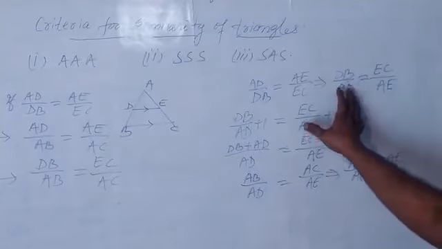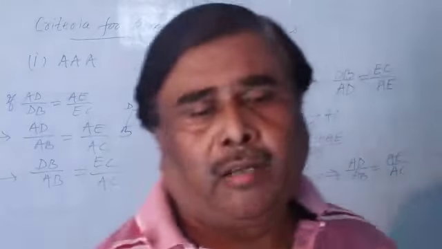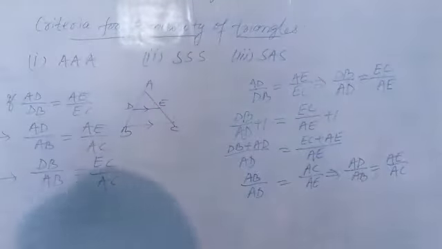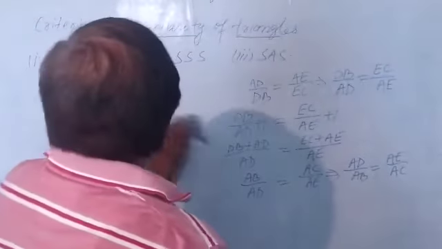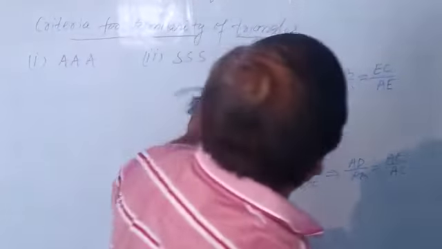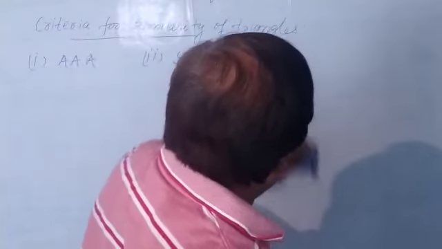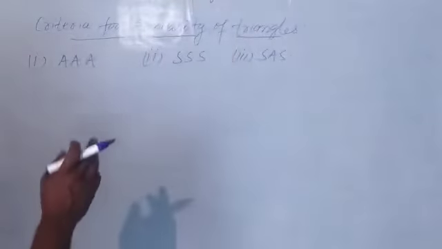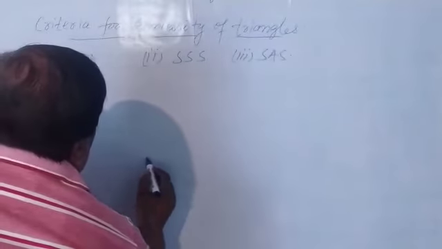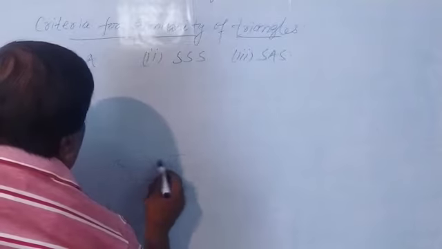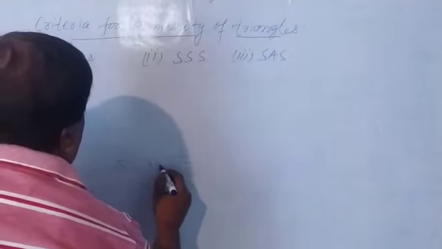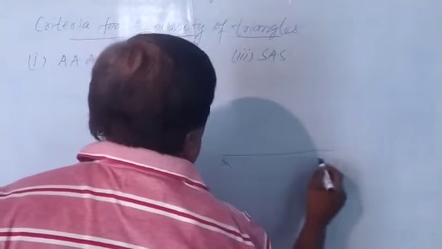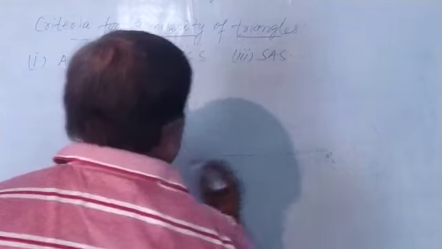So this concept is applicable in our proof of the criteria of similarity. And the next conceptual point is this. Suppose we have two line segments, one BC of 3 centimeters and another QR of 6 centimeters.